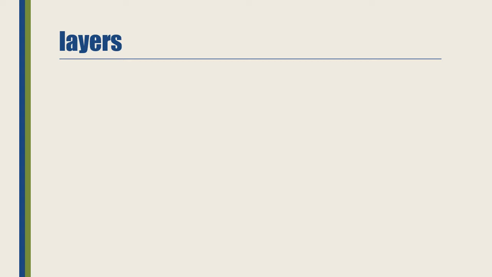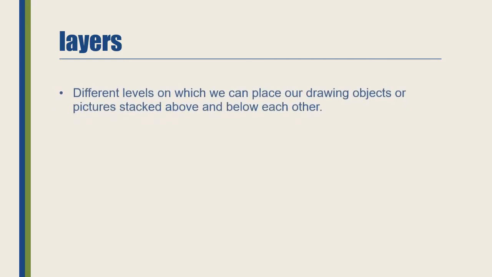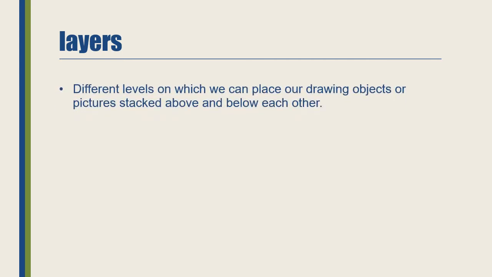What is a layer? A layer is a different level on which we can place our drawing objects or pictures, stacked above and below each other. Or we can say the layers are small parts of a big sheet, and each part contains some different shapes.